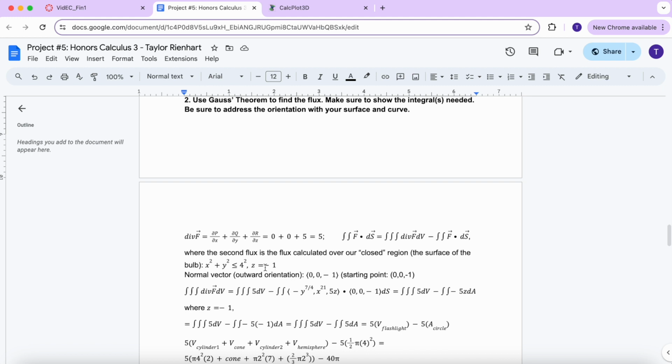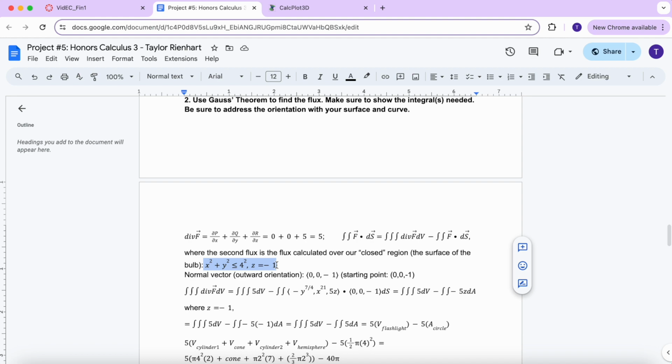Now, we have a piecewise smooth surface, but it is not closed. This is because we have an opening where our flashlight would light up or where the bulb would be. This opening is in the shape of a circle with a radius of 4 where z is equal to negative 1. Thus, we can close our surface by adding a circle with the equation x squared plus y squared is less than or equal to 4 squared and positioning it at z is equal to negative 1.